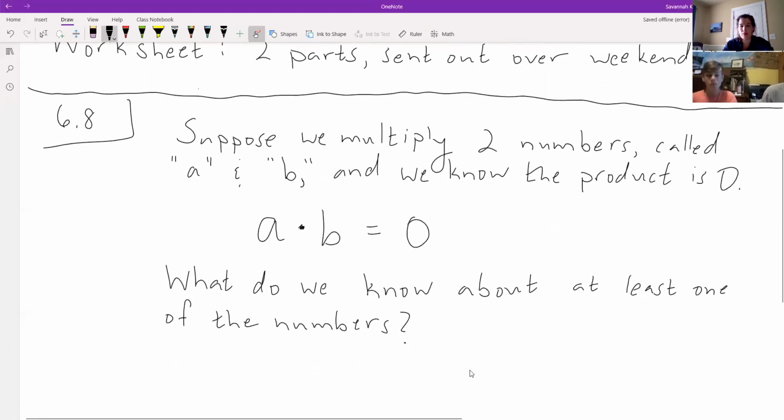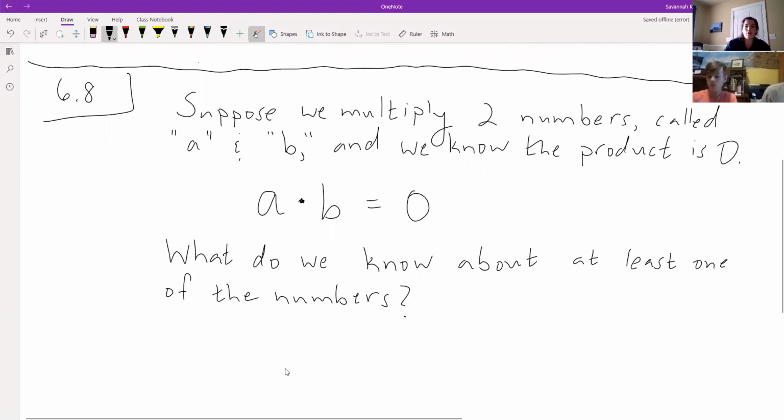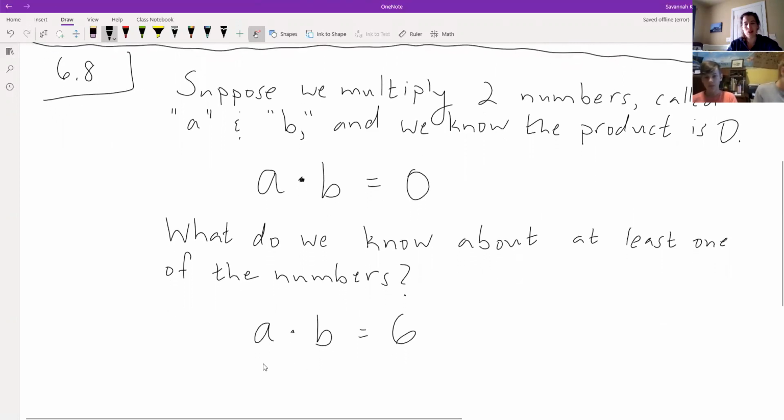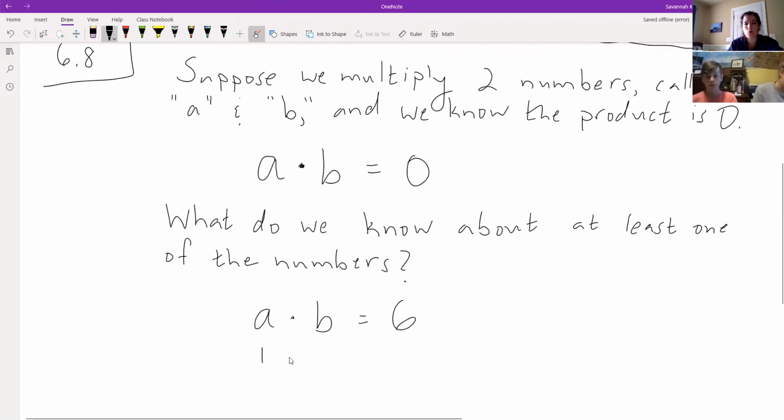Okay, let me give a couple of hints. What if we know that A times B equals 6, for example? Do we necessarily know anything about A and B? Well, not really, because you could have 1 times 6 or 6 times 1.